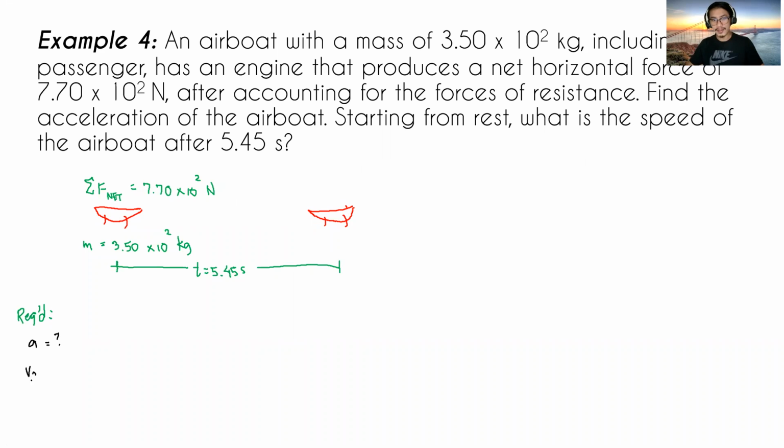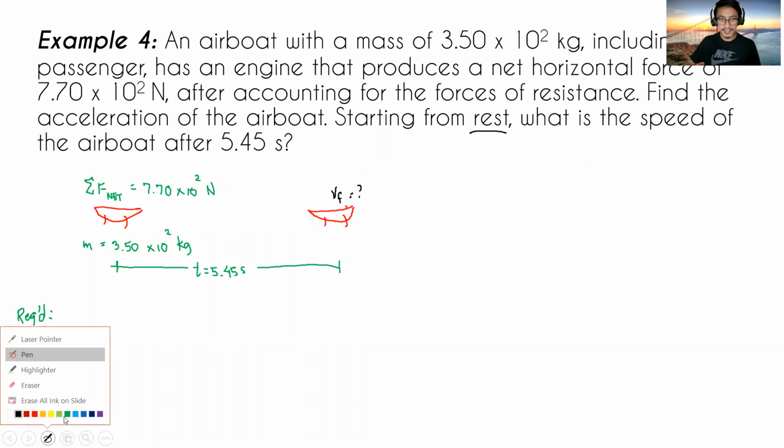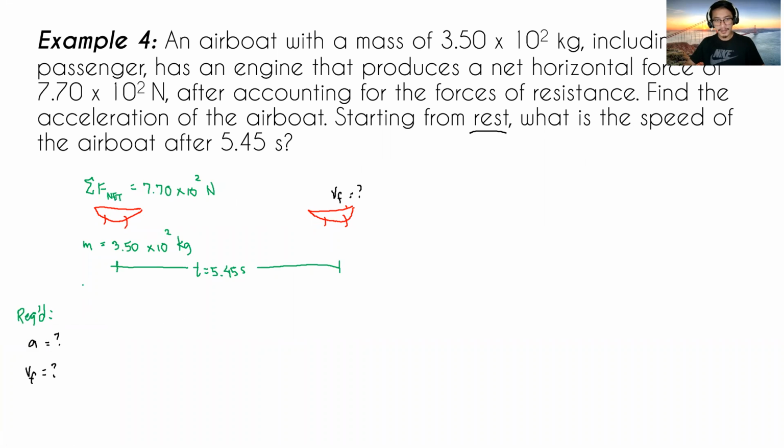So that's the final velocity, the speed at this point. That is starting from rest, so our initial velocity, Vi, is 0 meters per second because it is starting from rest.